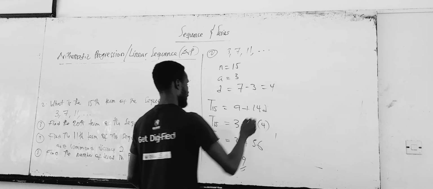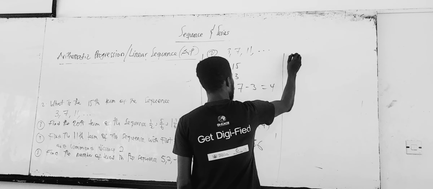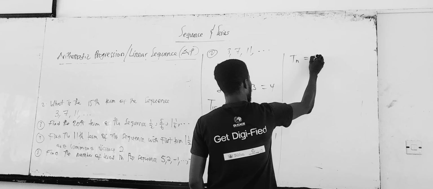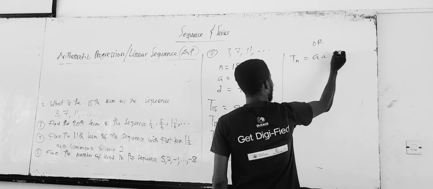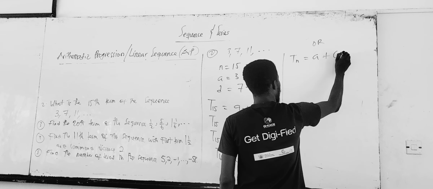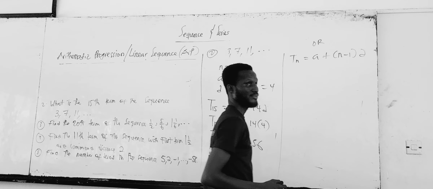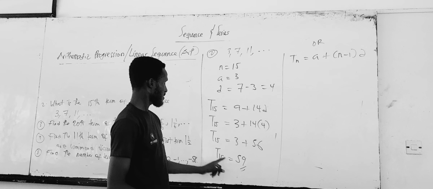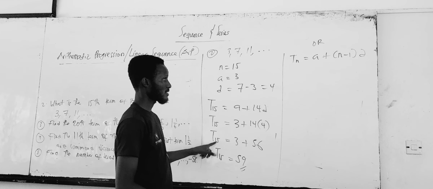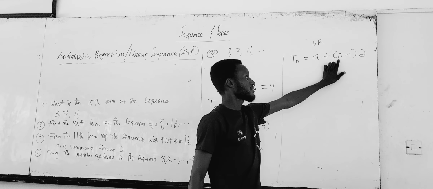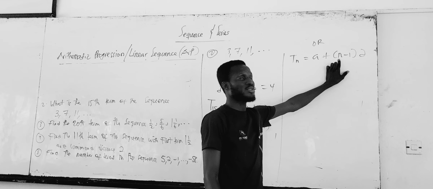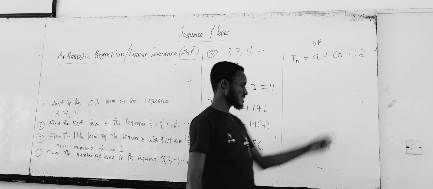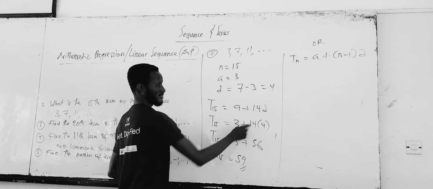Now another way we can solve this one is by using the formula Tn is equal to a plus (n minus 1) d. Don't forget that this one and this one are the same because the n here is 15. Now when n is 15, 15 minus 1 will give us 14. So here will be a plus 14d, which is the same as this.